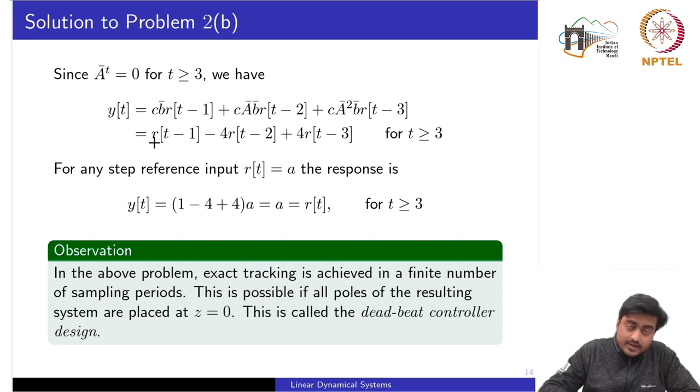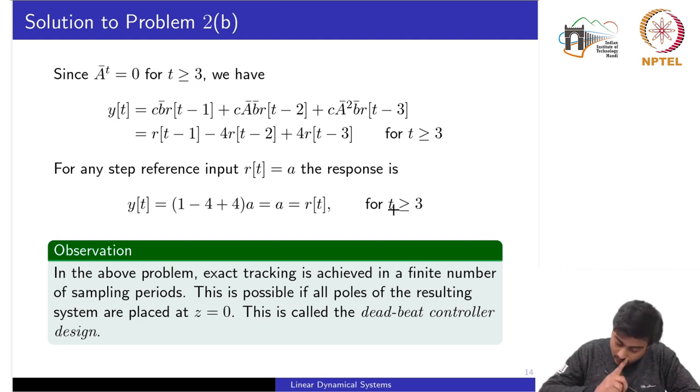Now we know that this reference signal is a step input of magnitude A. So I can replace all these reference signals, which are shifted versions, because they would remain the same being a step input. So we have replaced by 1 minus 4 plus 4 times A. Okay, so finally we will get this A, which is nothing but equal to R of t for all t greater than or equal to 3.